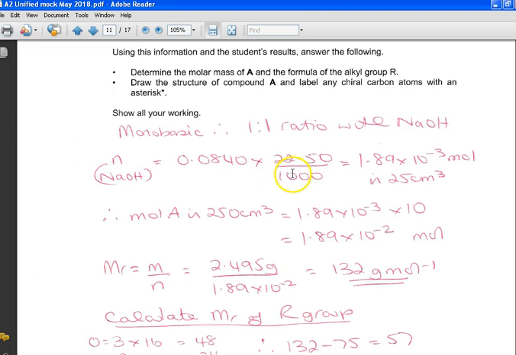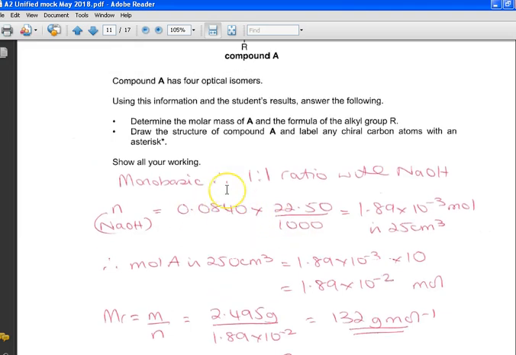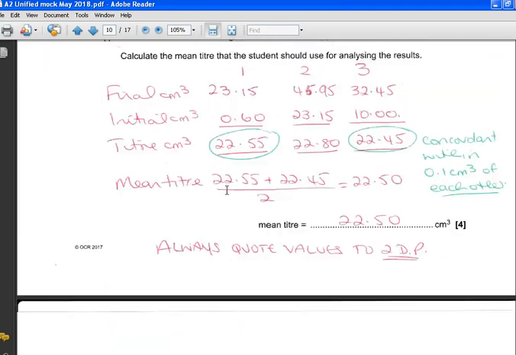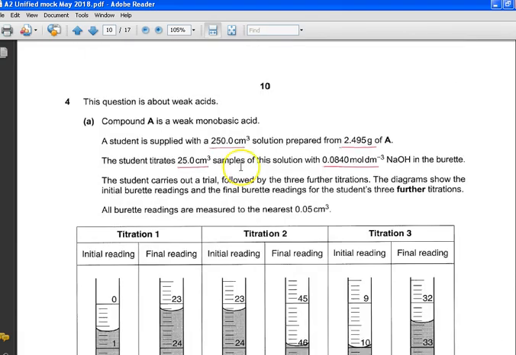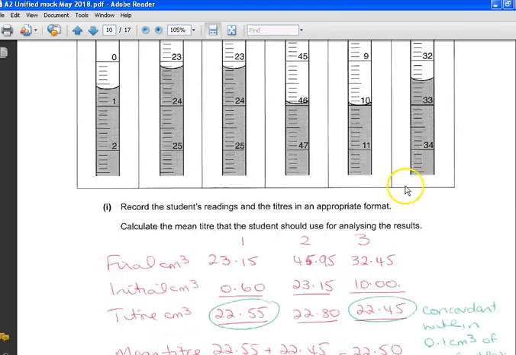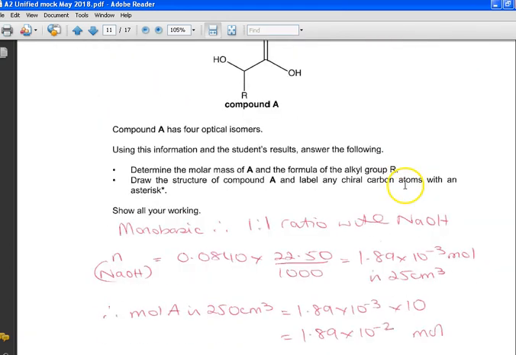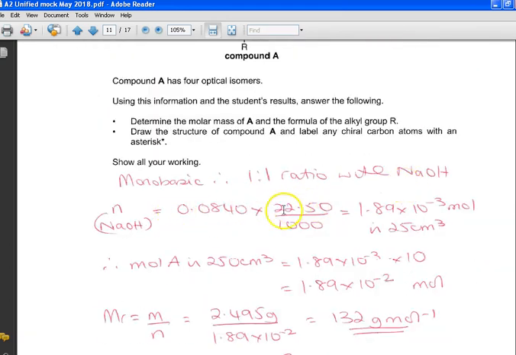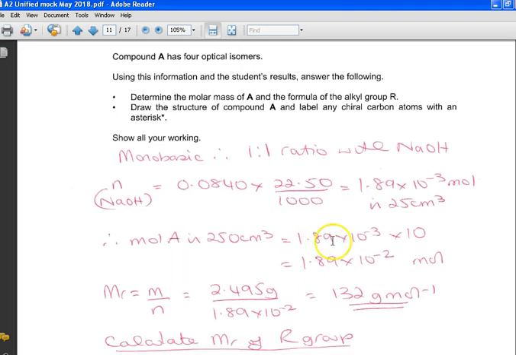So we take our titre and multiply it by the concentration of our sodium hydroxide, given up here somewhere. Concentration of sodium hydroxide times the volume gives us the moles, and that's in 25 cubic centimetres. So we've also got that number of moles of compound A in there.